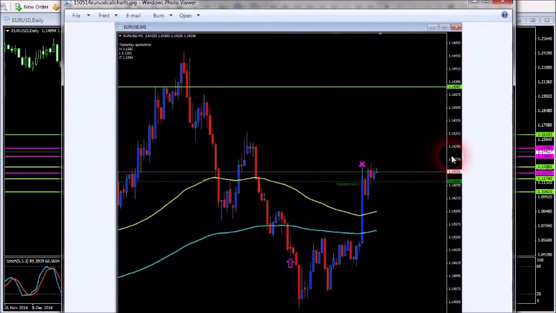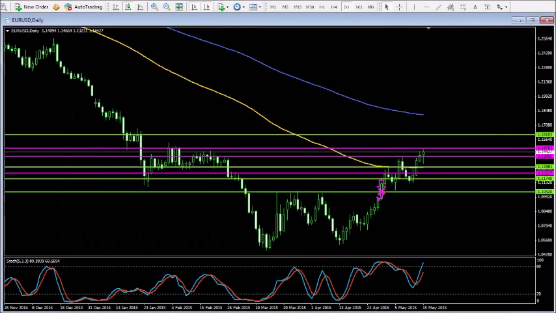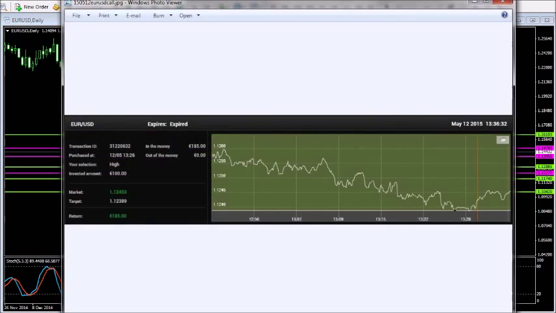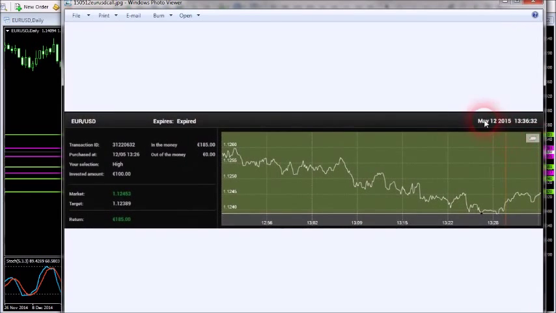Here is another picture. Let me show you. As you can see, I took a call option, so I was going with this short-term trend. It was from a few days ago.